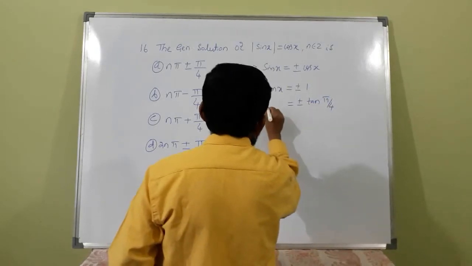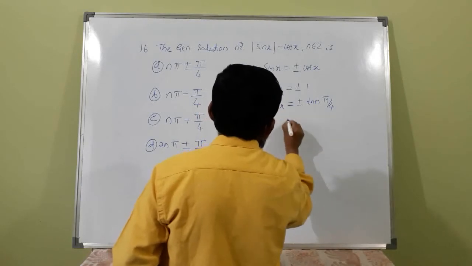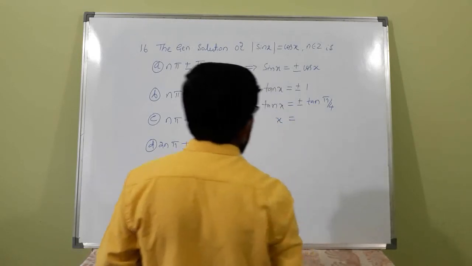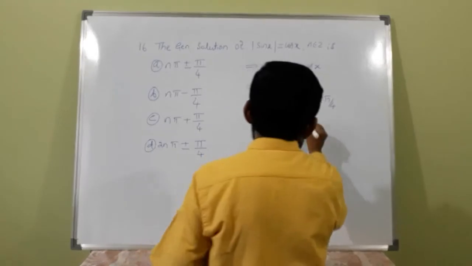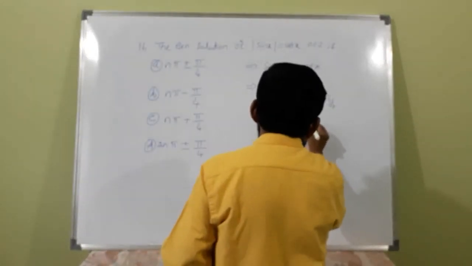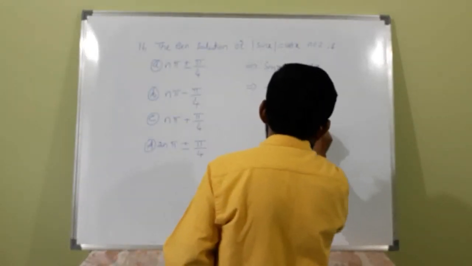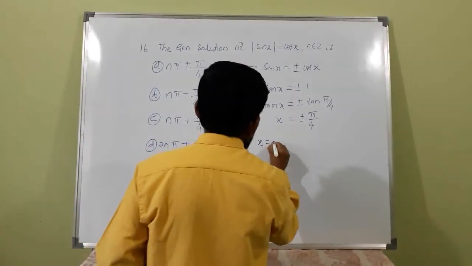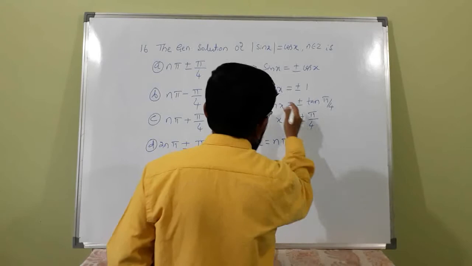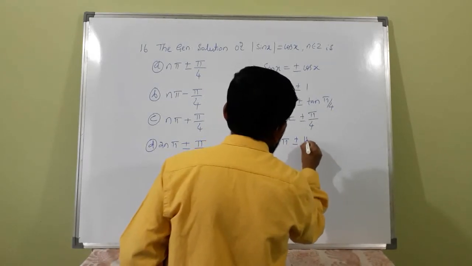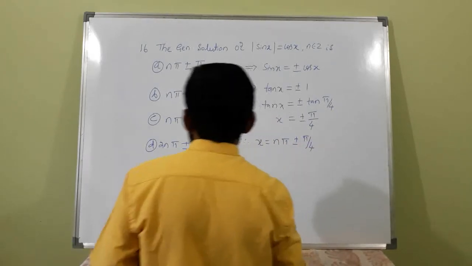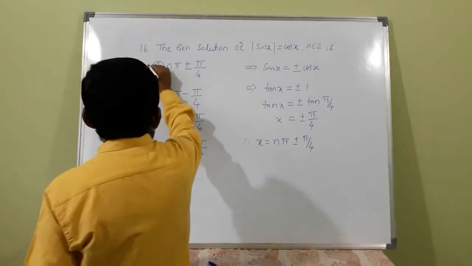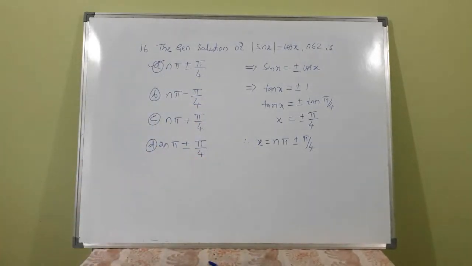So x is equal to plus or minus π by 4. Therefore, the general solution is nπ plus or minus π by 4, so A is the correct answer.